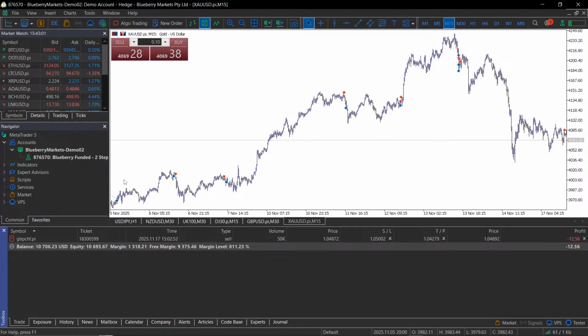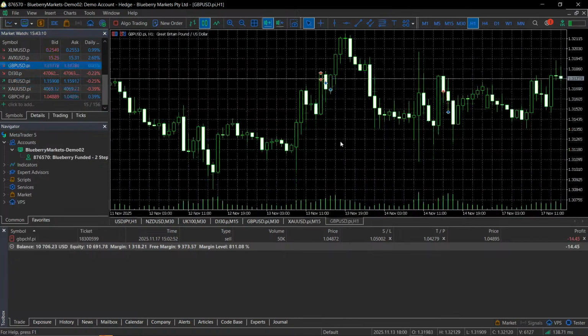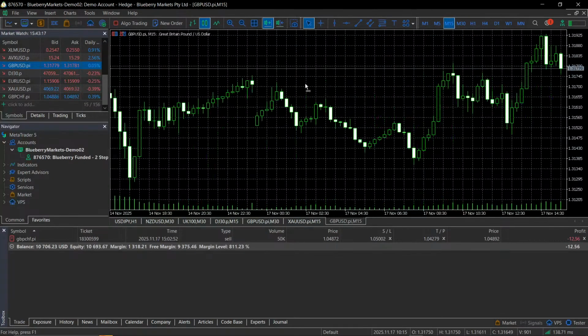So I need to go short on GU. Let me open up GBP USD chart view, and drop down to the 15-minute time frame.